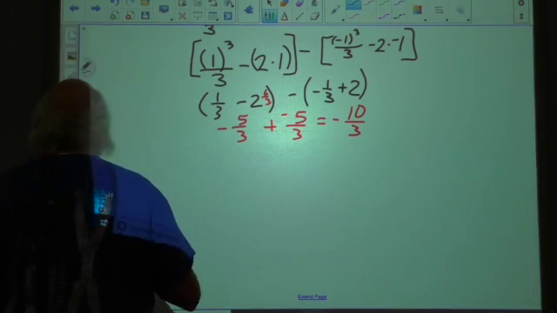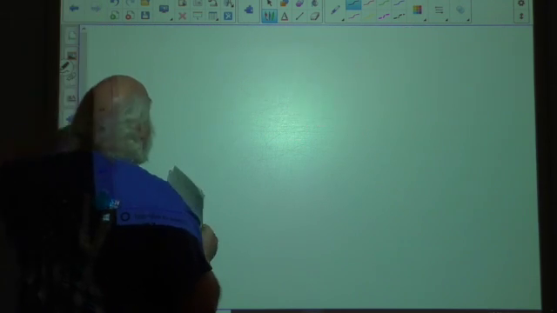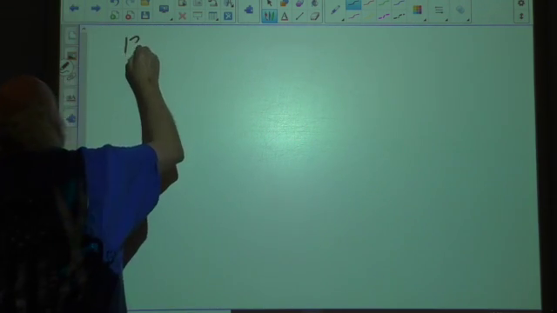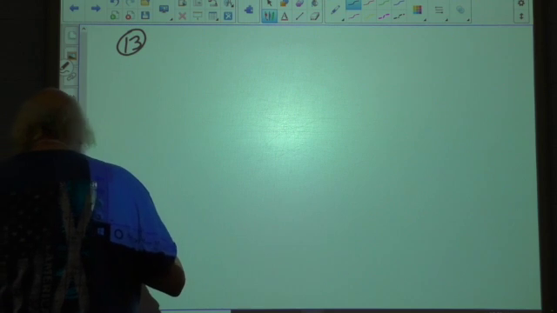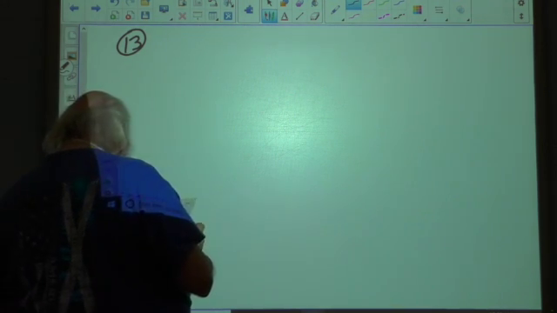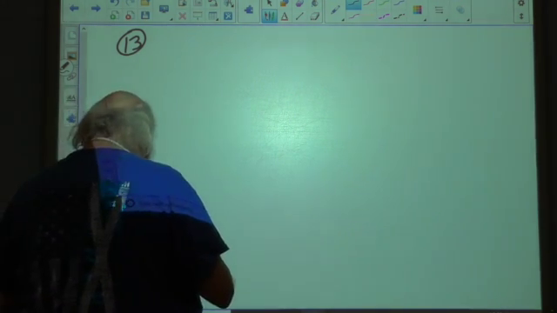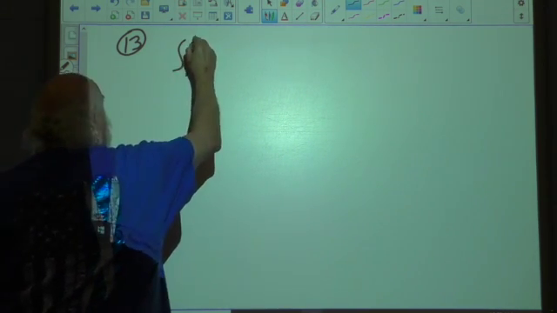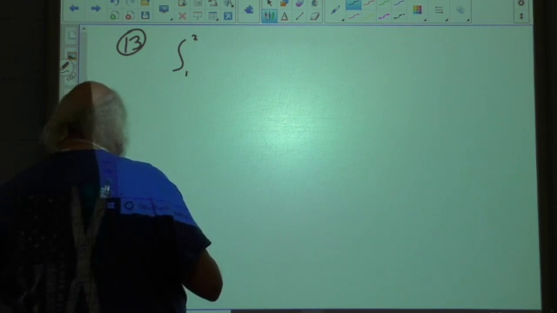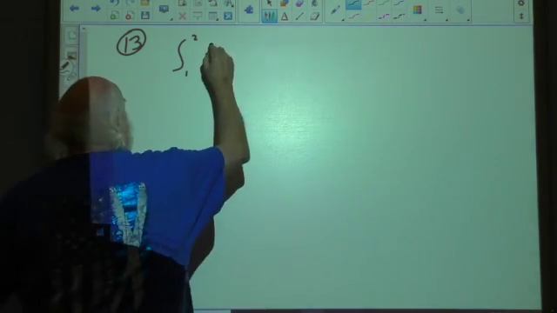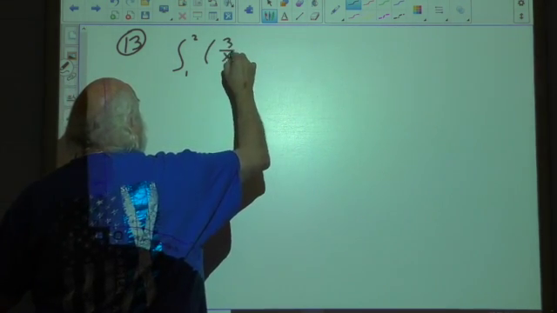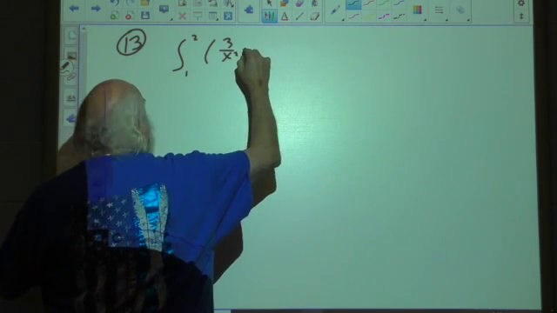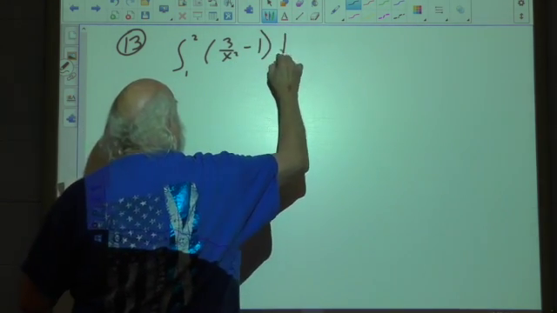Number 13. We're going to look at the integral from 1 to 2 of 3 over x squared minus 1 dx.